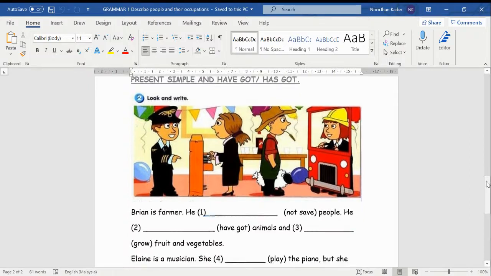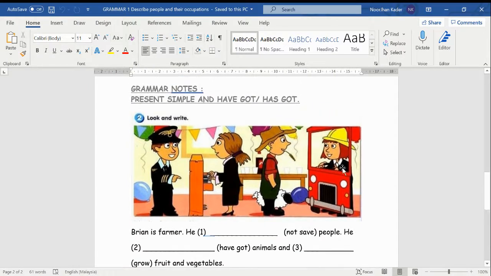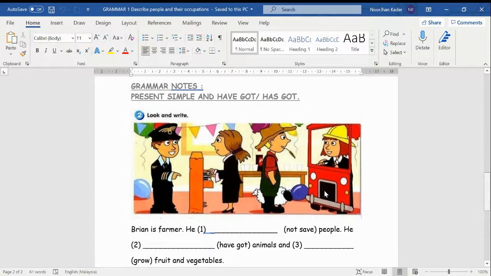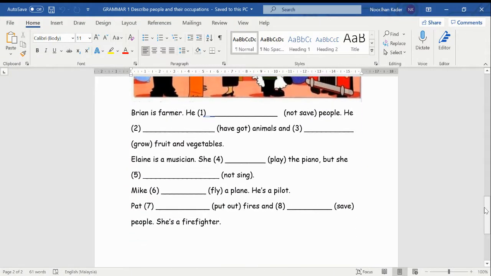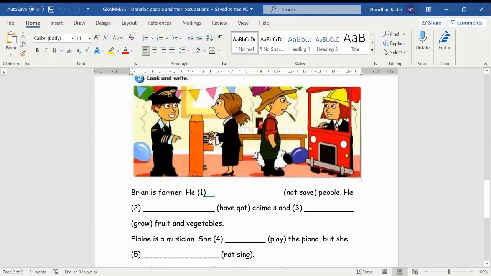So you can see there's a picture here. There are four people here with different occupations, and there is a brief description of all the four people and also their occupations.